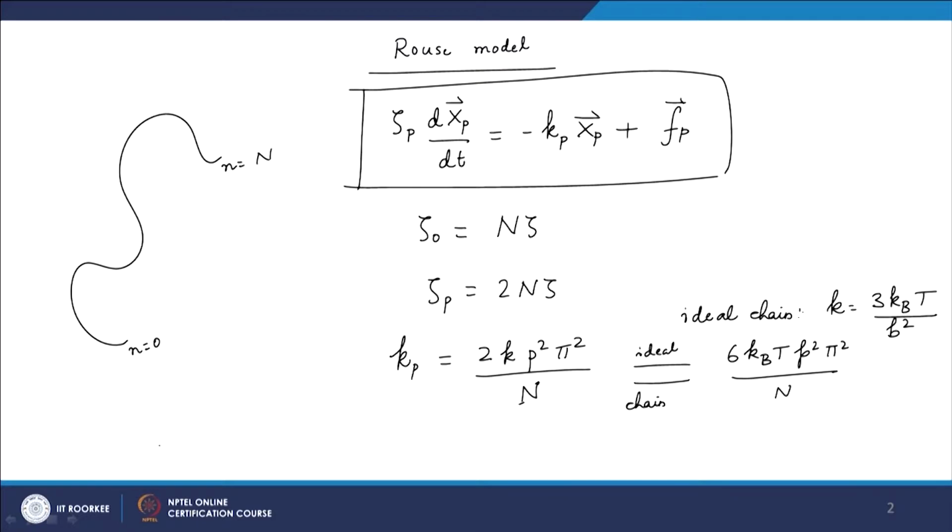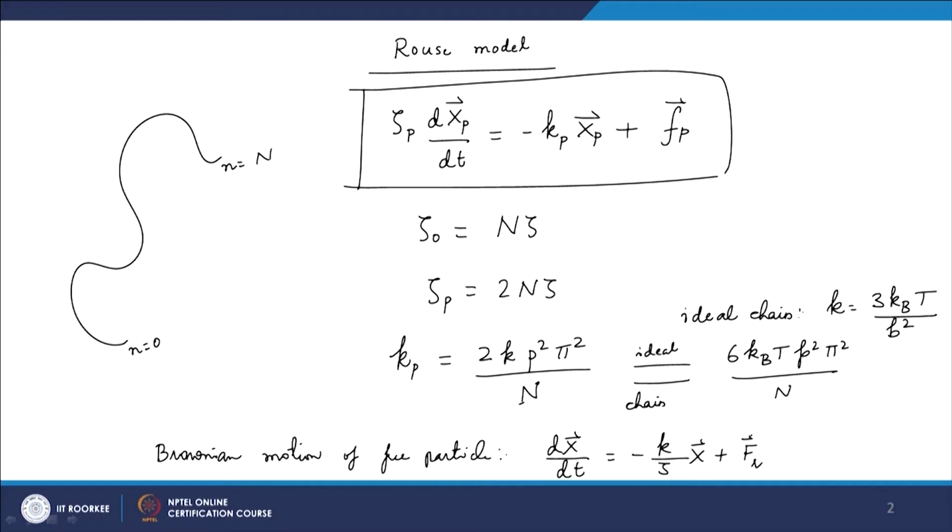The one clear thing you can see from here is, if you recall the Brownian motion of a free particle, the equation we had was of the sort something like this.